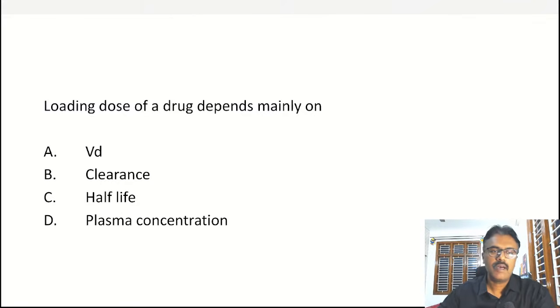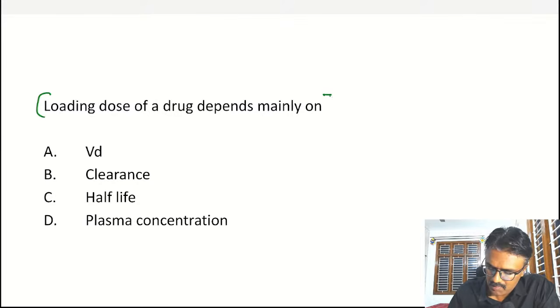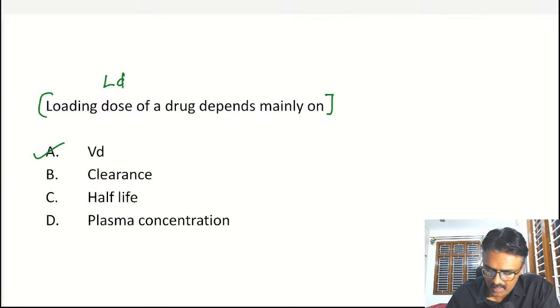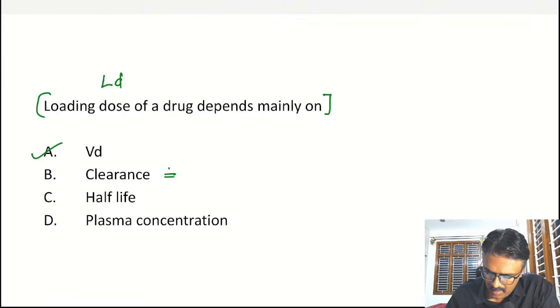Sometimes nowadays pharmacokinetic questions are coming, so that's why we have included that. Loading dose of a drug depends mainly on, remember, loading dose, LD, remember VD, the volume of distribution. The maintenance dose depends on clearance.